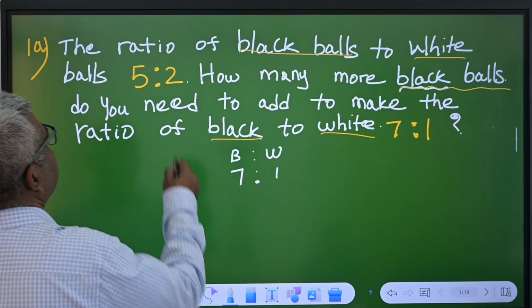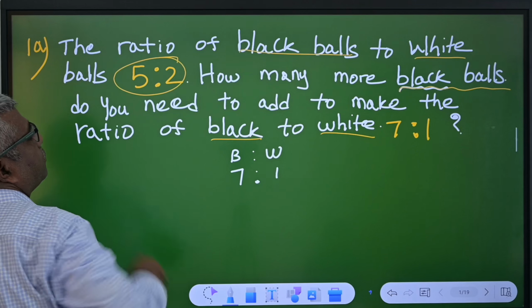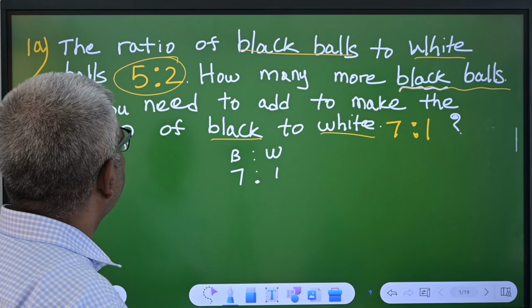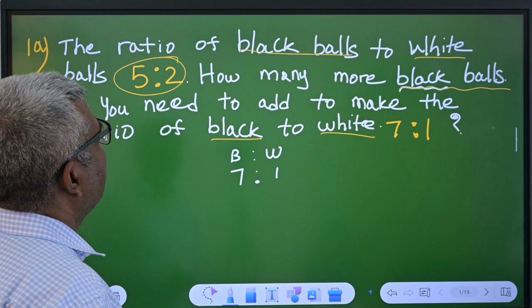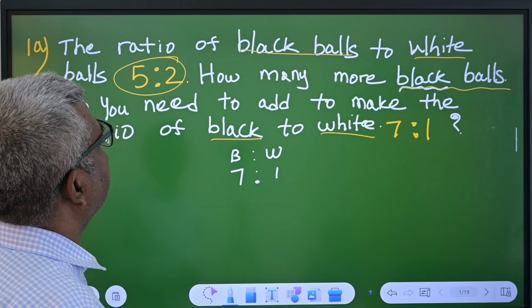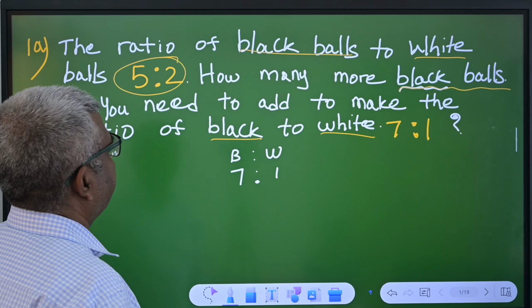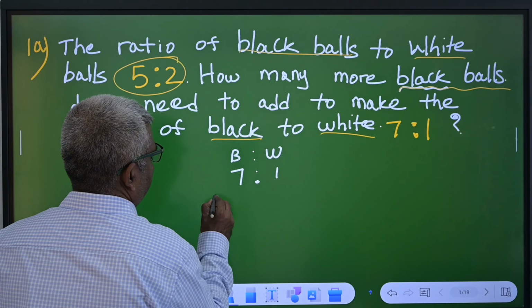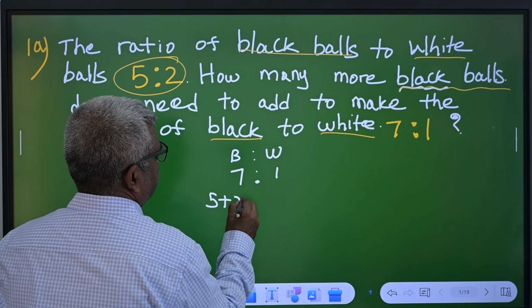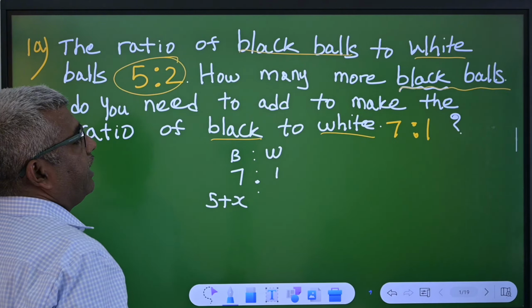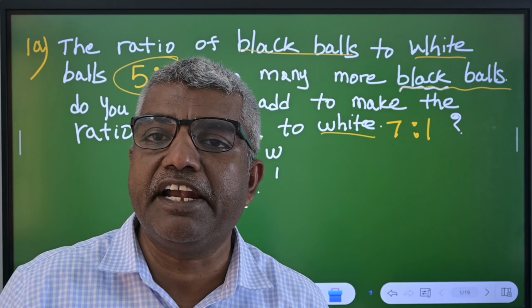What is the previous ratio? 5:2. 5 black balls, 2 white balls. So 5 plus x. Why did I put x? Because we are adding more black balls.